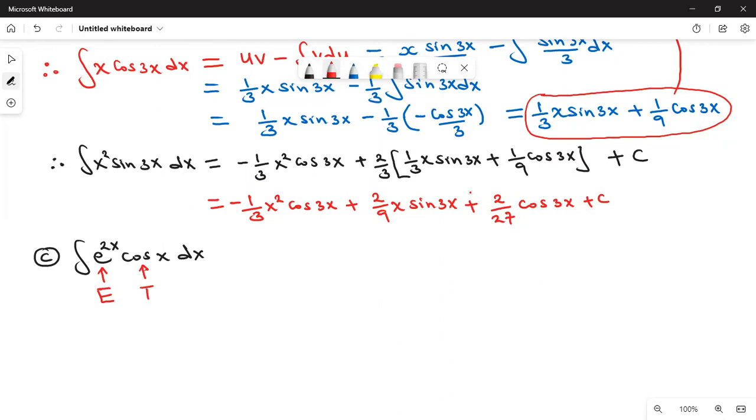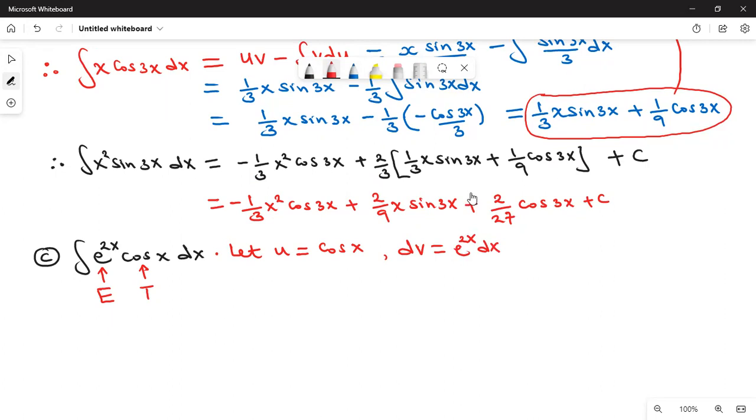So automatically our u will be cos x. So let u be equal to cosine of x. That is our u. So automatically the remaining will form dv. So our dv is exponential 2x dx. That's what we have.